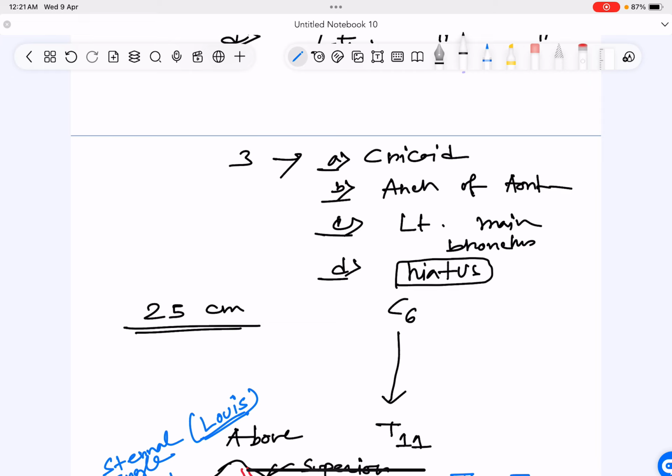So the constrictions are at the cricoid cartilage at the level of C6, the arch of aorta, the left main bronchus, and the diaphragmatic hiatus of the esophagus.